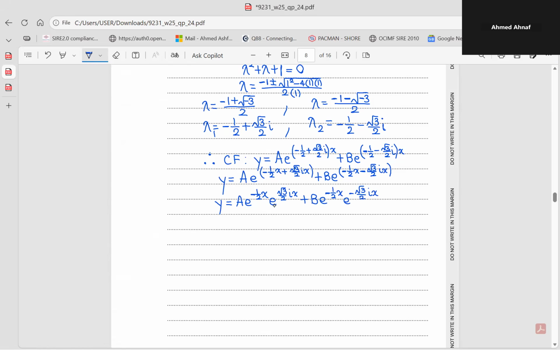Okay, so now we're going to expand this out using Euler's formula. Euler's formula is e to the power of i theta equals cos theta plus i sin theta. So we're going to use this.